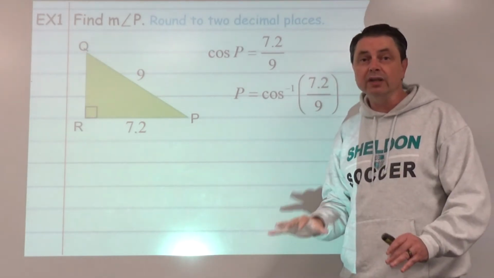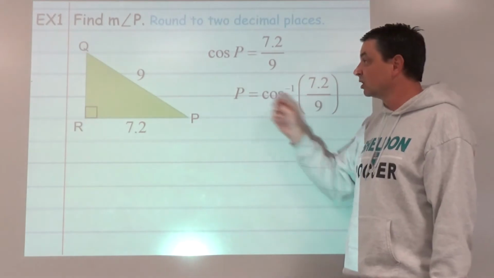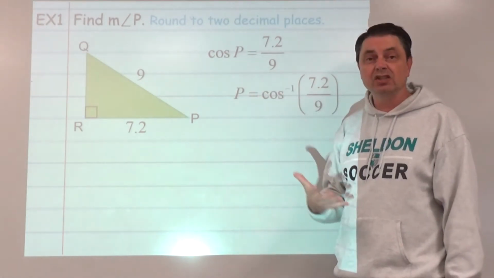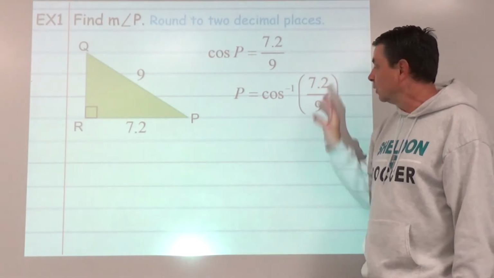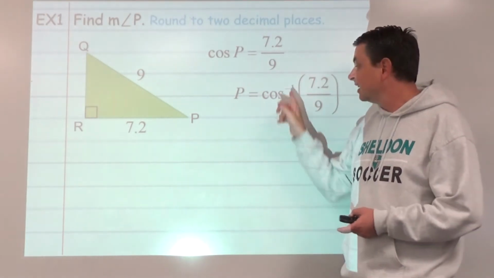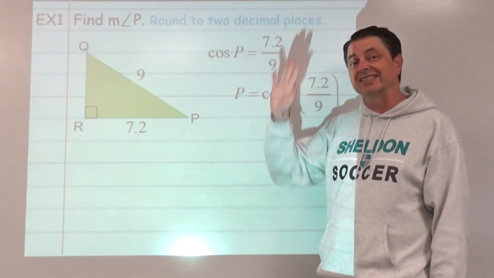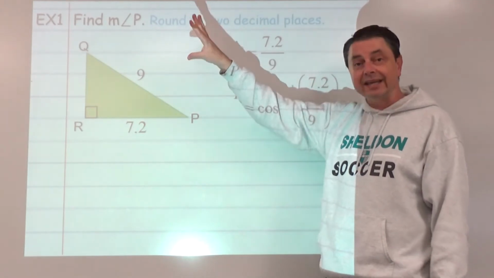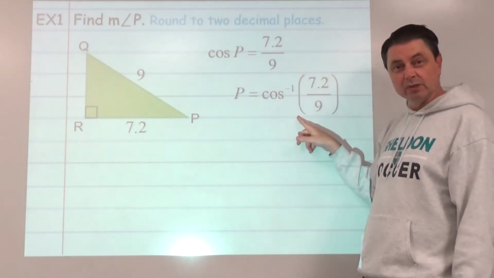Before we use our calculator, though, once again, make sure it's in degree mode, because we're looking to get these angles in degrees as our measure. So now that we have it set up, we're ready to use the calculator. Generally, for most calculators, we press the second function, then cosine, which probably opens parentheses for you.